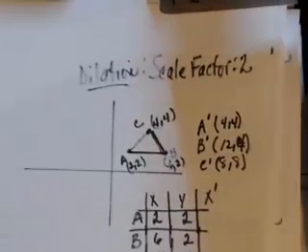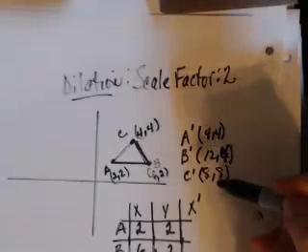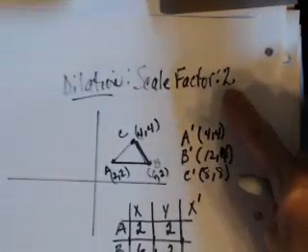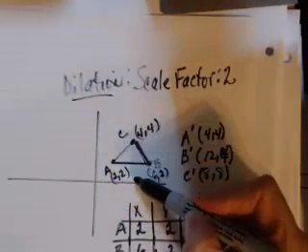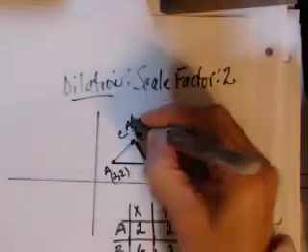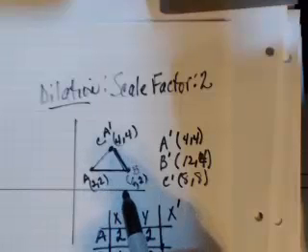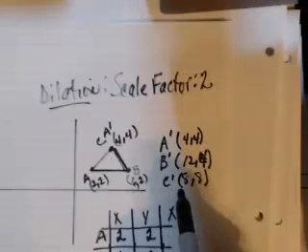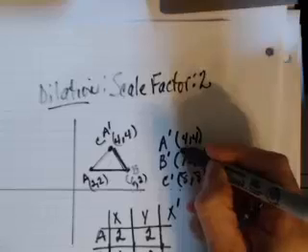And so now if you plot these ordered pairs and connect them, you have created a dilation with a scale factor of 2. So 1, 2, 3, 4, 1, 2, 3, 4. So this now is A prime as well. And then here is 12, 4.